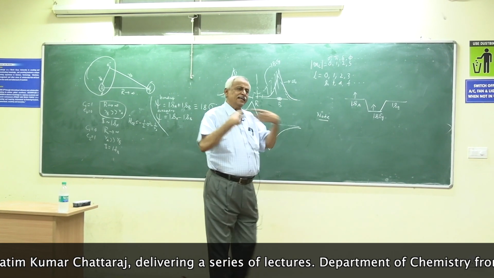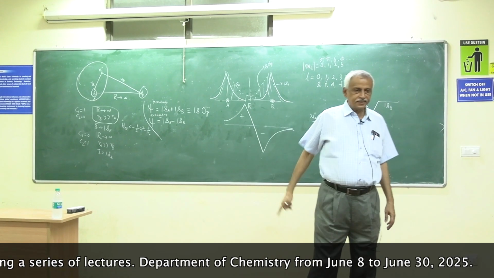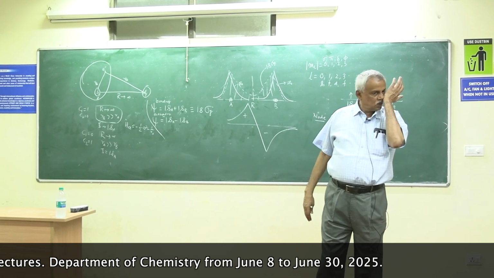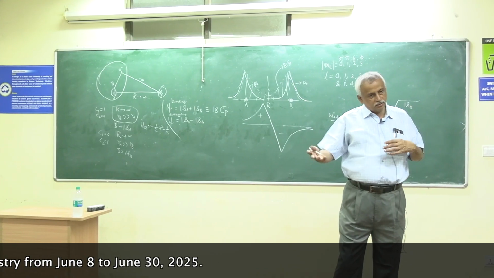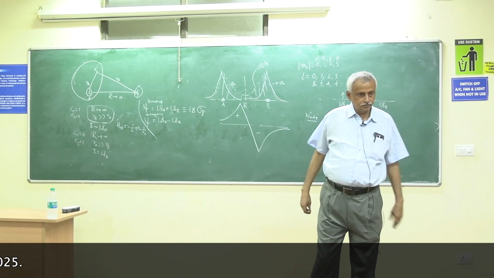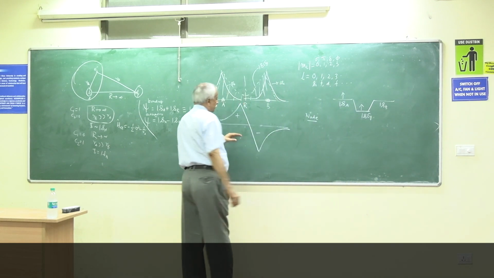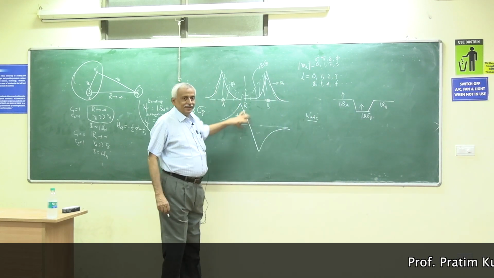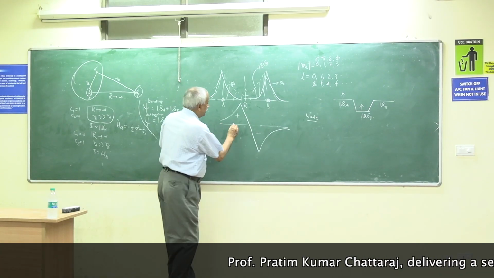In general, for any system, if the number of nodes increases, the energy increases. Previously you had 0 nodes, now you have 1 node, so it would be of higher energy. Here you can see it will reduce the electron density in between the nuclei.